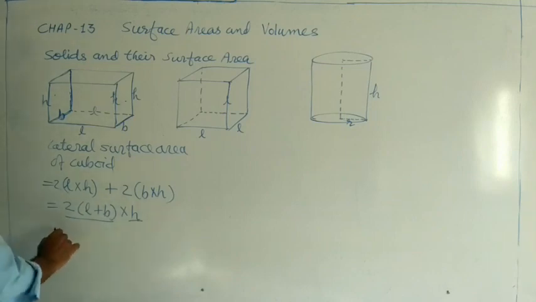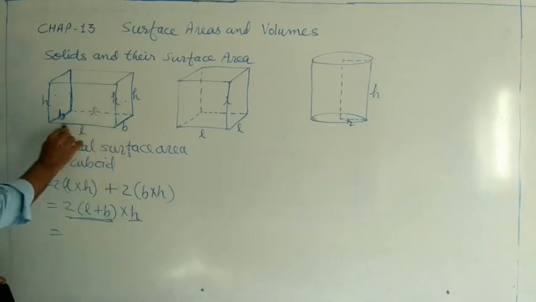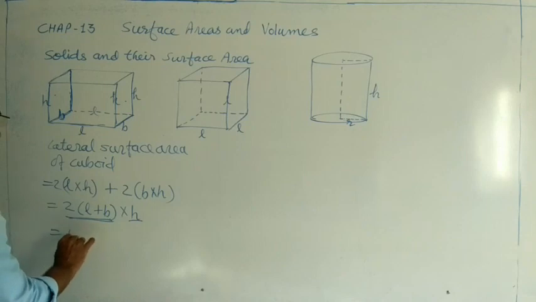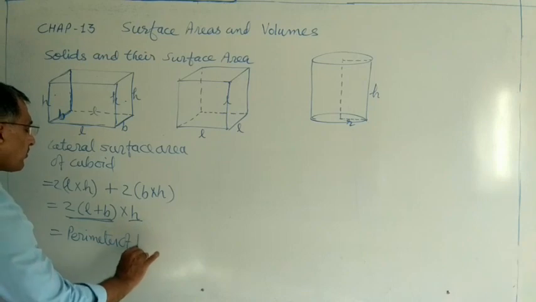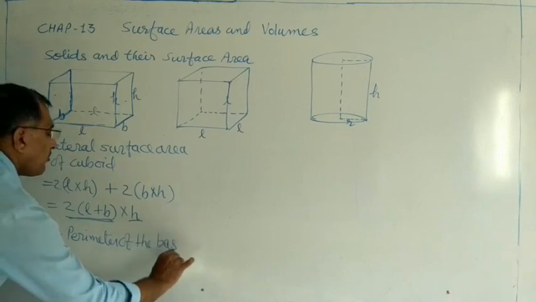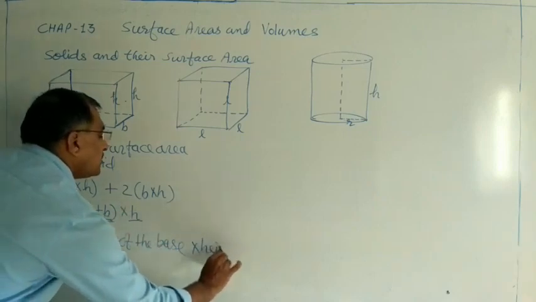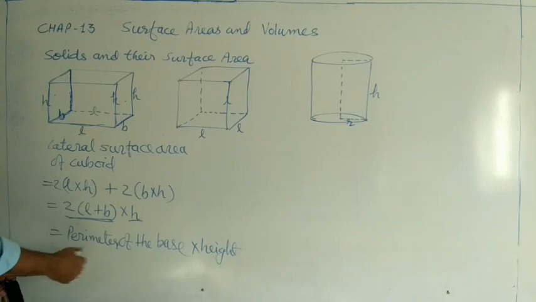In other words we can also say that 2 times L plus B, for this bottom you can see this is the length and this is breadth, means for the surface at the bottom it is the perimeter of the base, and perimeter of the base multiplied by height. So we can remember it this way: lateral surface area of cuboid is 2 times L plus B multiplied by height, that is perimeter of base multiplied by height.